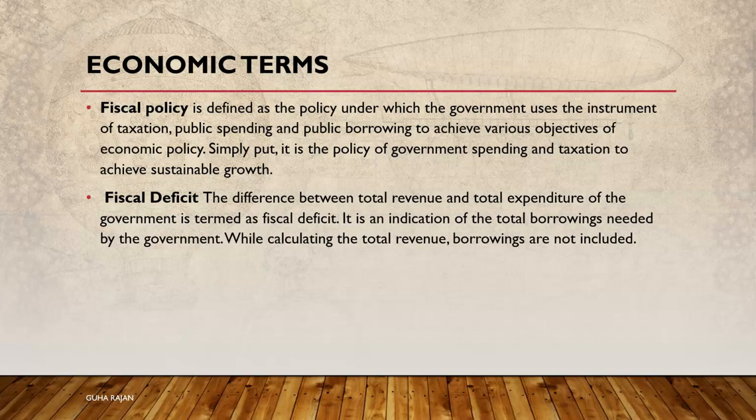Inflation is going to go up when you print currency. While calculating total revenue, borrowing is not included. Then you need to look for ways of reducing the deficit, either through borrowing or through printing currency.